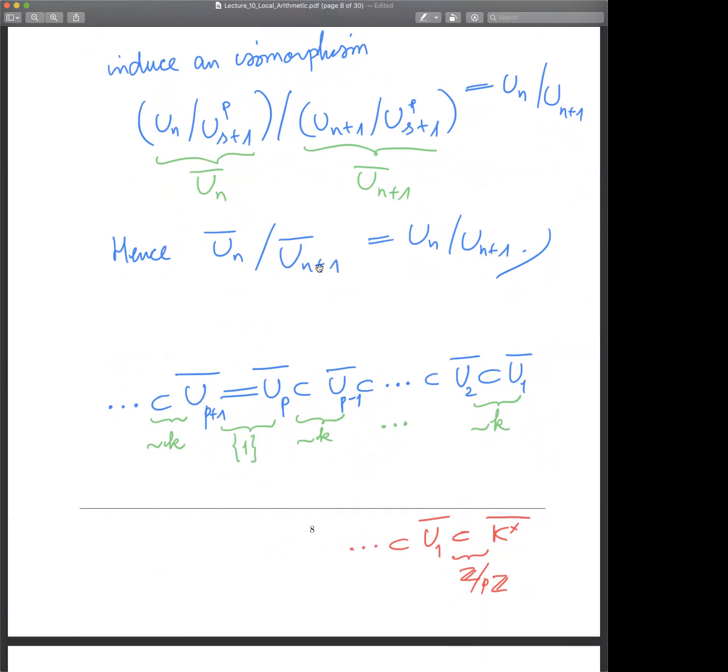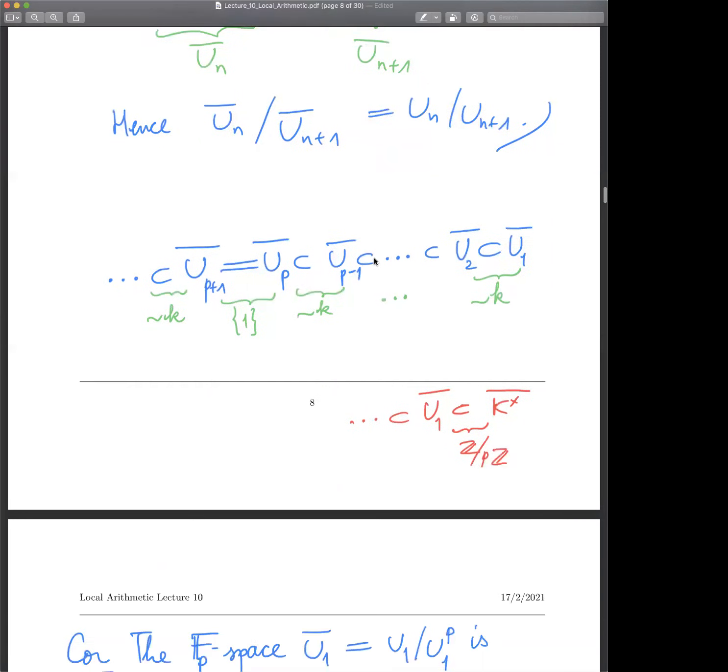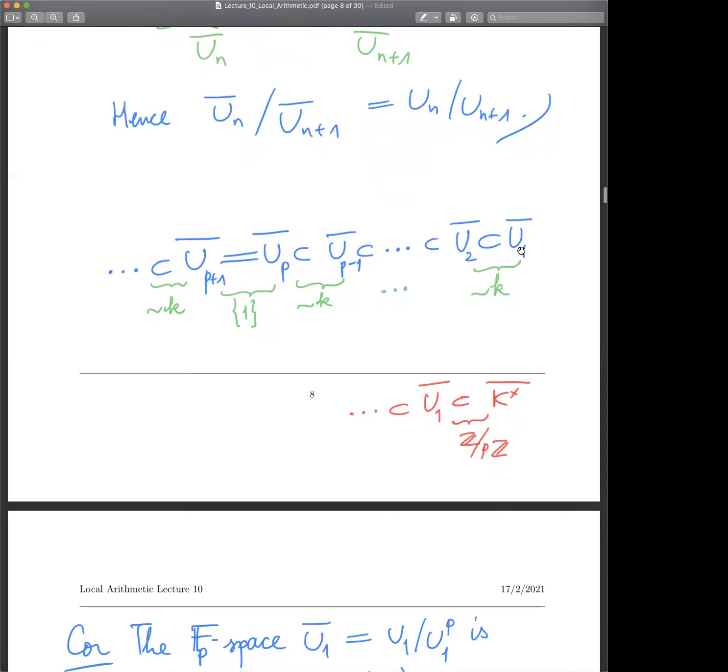So this is the conclusion. Let me summarize what we have learned about U_1 bar. U_1 bar contains U_2 bar, etc., all the way. And U_1 bar modulo U_2 bar is really isomorphic to k, because it's the same as U_1 modulo U_2, which is isomorphic to k.